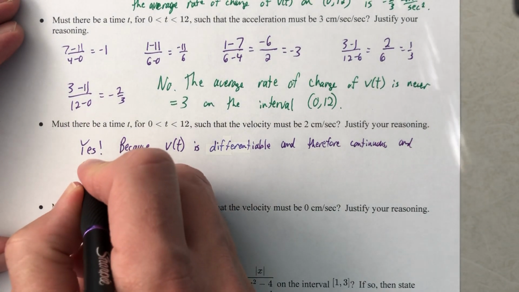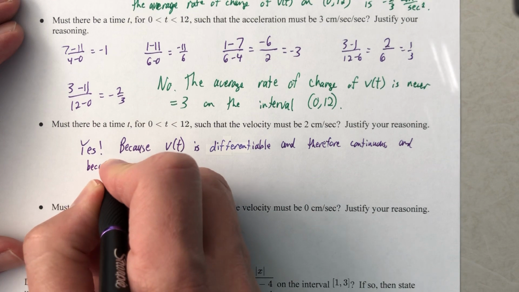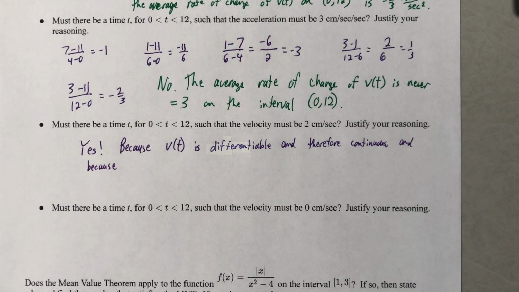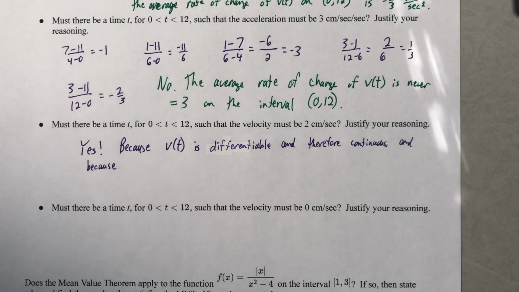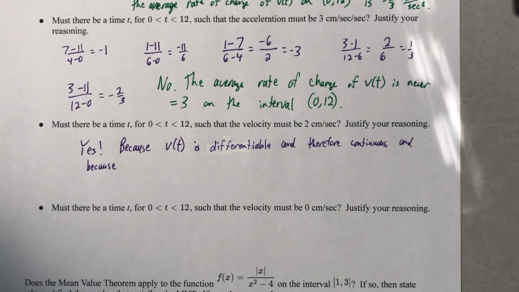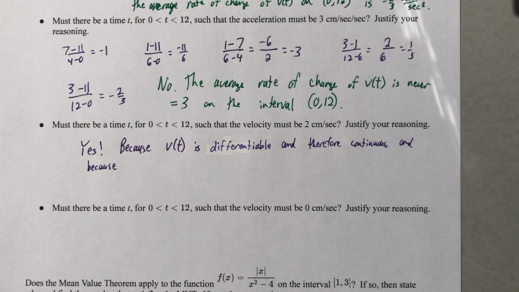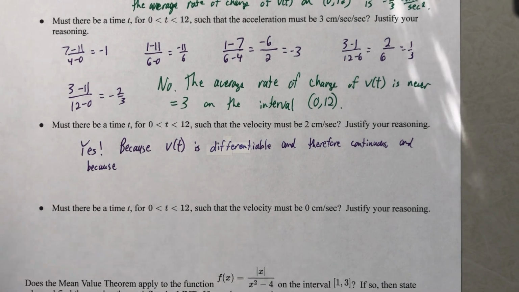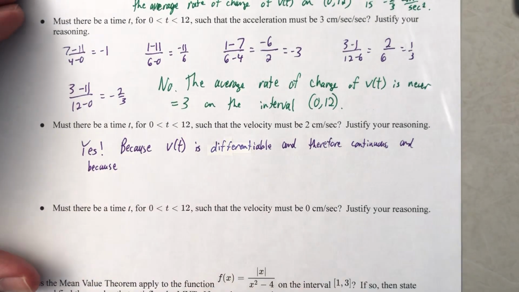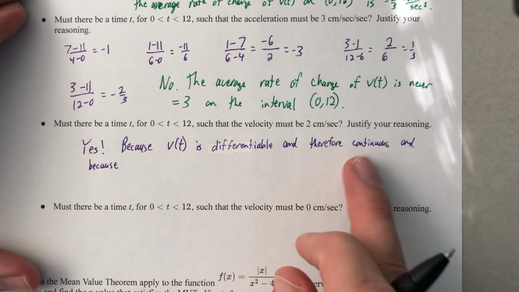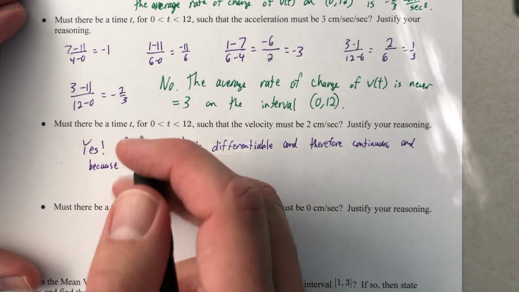And because we have met the conditions for the intermediate value theorem, which are betweenness and continuity, we will just proceed. We have continuity, let's get betweenness.